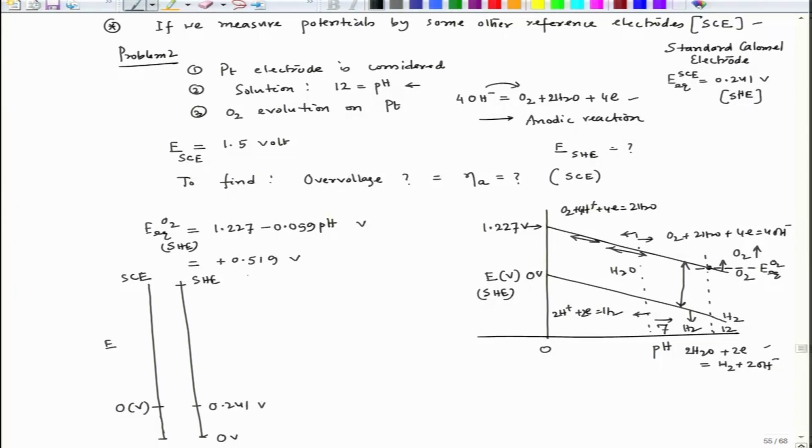Now, with reference to the standard hydrogen electrode, this potential is 0.519.